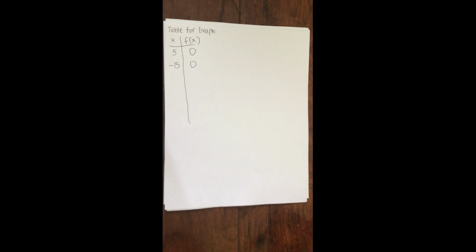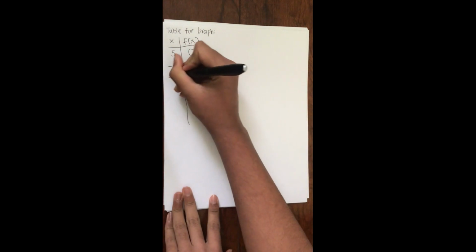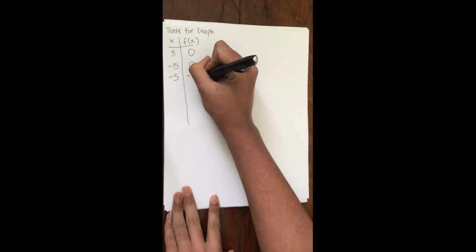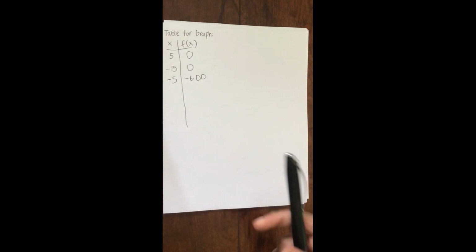And we found that our vertex is negative 5 comma negative 600. So we can use that as well. So since we have these numbers, we can find 4 other points.